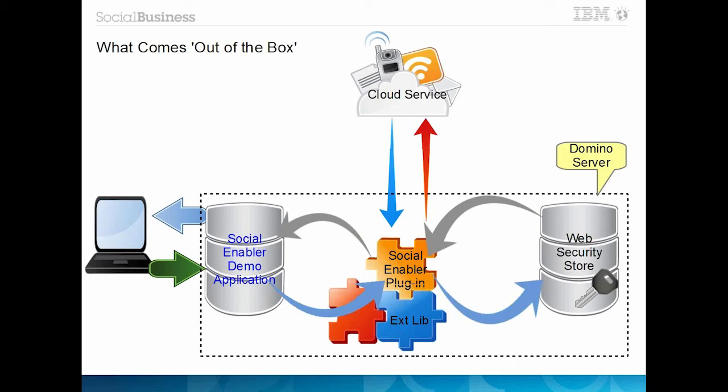Typically this information is going to be either in JSON or XML format, and that response will then be encapsulated into objects which the XPages runtime can understand, such as raw data objects, which are going to appear in a view, and those objects are then passed back to the XPages runtime and displayed within your XPage application, or in our case the Social Enabler demo application.